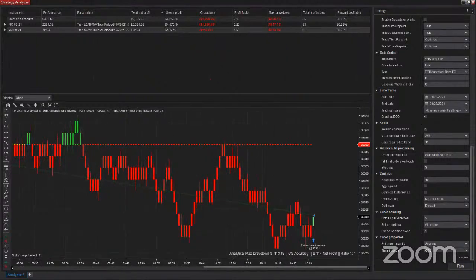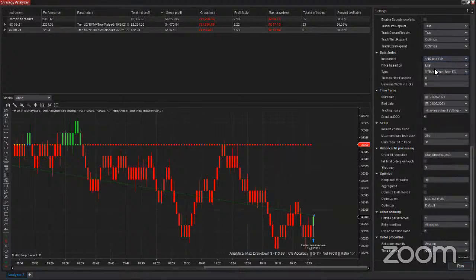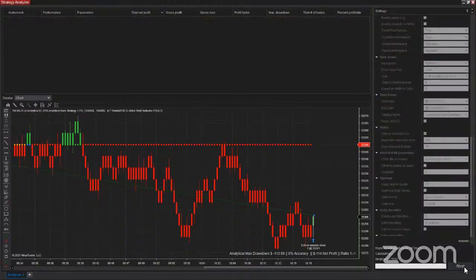So you can go and say, I'm going to do the YM only. Okay, so YM, and I'm going to choose let's go a 4 and a 4 bar with 2 ticks of slippage, and I'm going to run that.